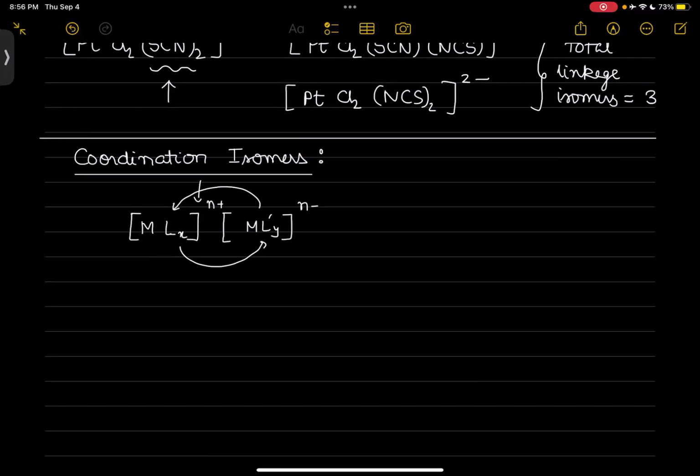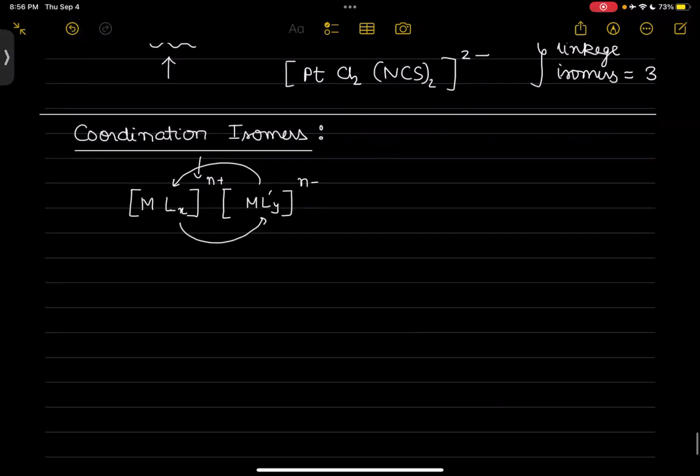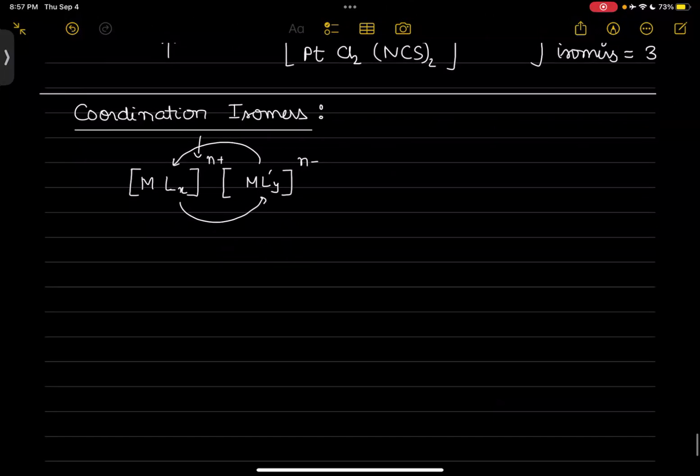So if you have both the parts as complex, how can you make the isomers? You can make the isomers by exchanging the ligands between the two coordination spheres. That's the method we need to adopt.